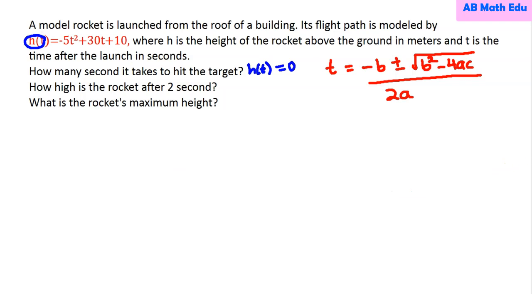It will be flat on the ground. So if that is the case, then we are going to get negative 5t squared plus 30t plus 10 equals 0. It doesn't matter if you bring the 0 to the left-hand side or the right-hand side, but this is what students are normally used to. It's always on the right-hand side.